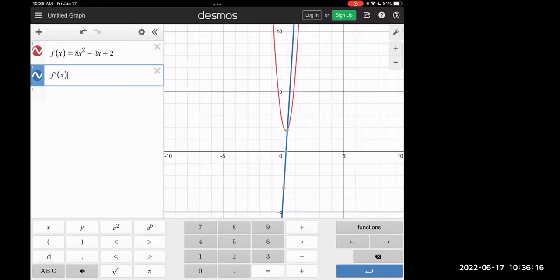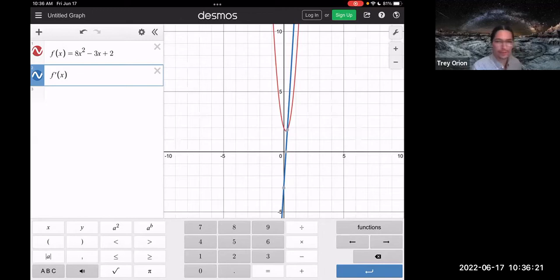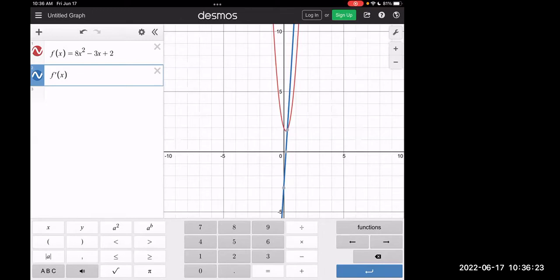So the derivative of the f function is that blue one, which you might be like, well, I don't know, what does this really mean?